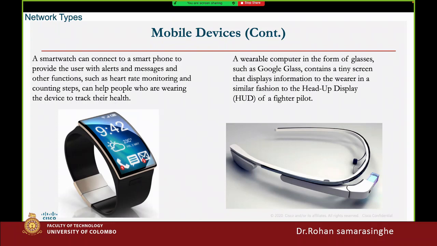When a call comes, you can speak by pressing one button of the smartwatch, and you can get up-to-date information about the weather and emails, as well as WhatsApp messages.